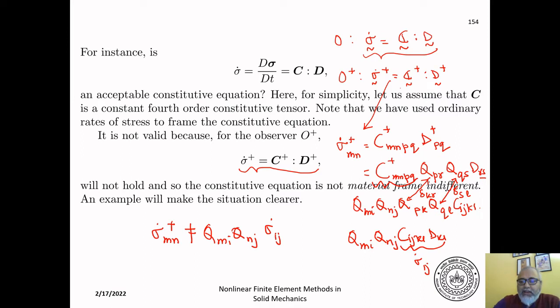So this is not a material frame indifferent or objective constitutive equation. If we had framed it in terms of an objective rate like the convected rate or the Jaumann rate, this would have been a frame indifferent constitutive equation.